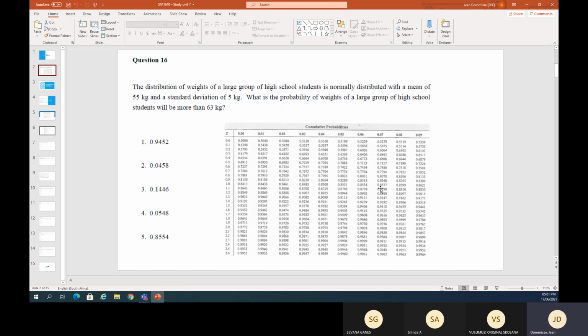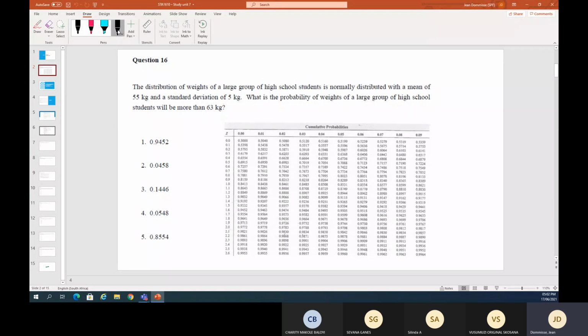So basically, the last one of study unit 6 that we didn't complete last week, let's just run through the information that they do give us, and then see what we are missing and what we need to do. So the question in the end is, what is the probability of weights of a large group of high school students that it will be more than 63 kilograms?